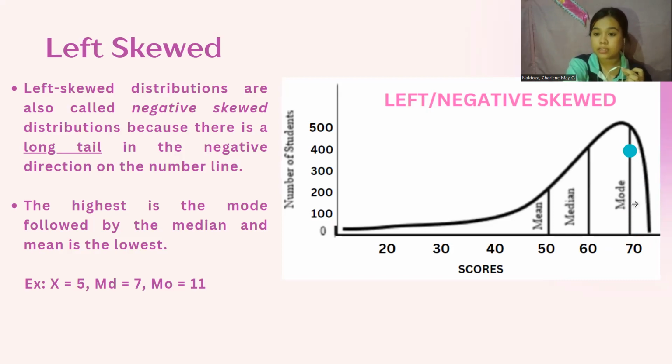That's why this is our mode, followed by the median, 60, and the lowest is the mean. And this is the only thing that we need to understand in the left skewed, that the highest is the mode, followed by the median, and the mean is the lowest. So that's the only thing.